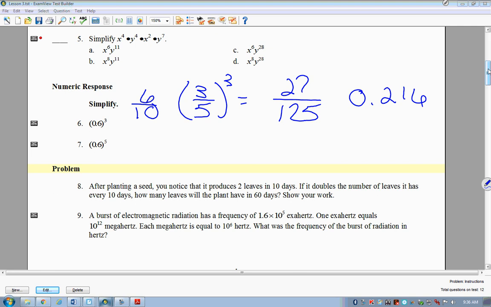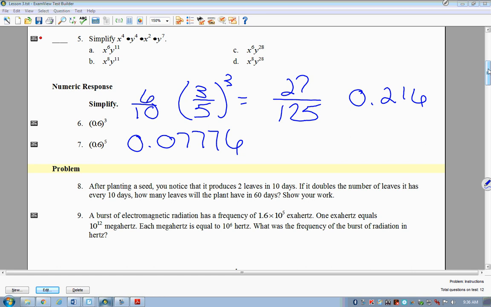Tell me what you get with 0.6 to the 5th. And take it to 5 decimal places. Anybody? 0.07776. That is correct.